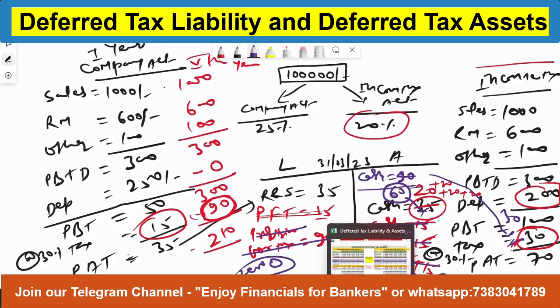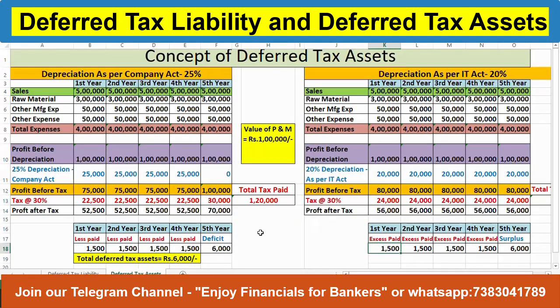For that I have prepared one Excel format for better understanding. You see, in the same way here also the deferred tax, as per Company Act 25%, 25%, 25%, 25%. So 100% depreciation was made in 4 years, and the tax is also 20.